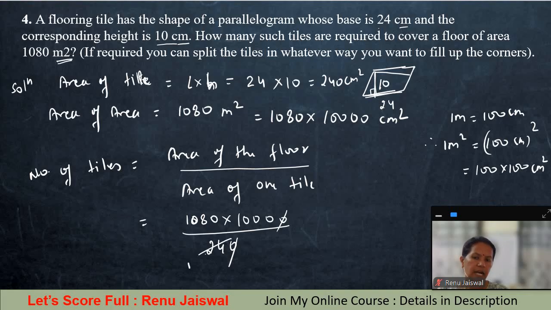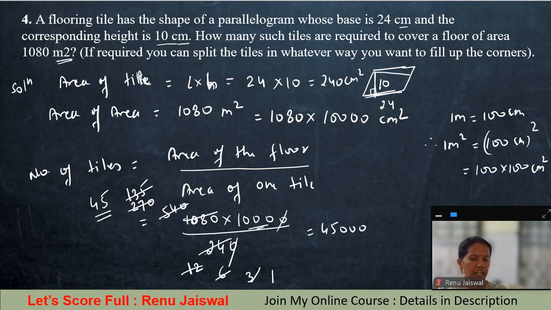So here I can cut by 2, and then again by 2, which is 6, and then again by 2, which is 3, and it will be 1, 3 and 5. These will get cut by 3. So here I got 45 and here I got 1000. So 45 into 1000 is 45,000 tiles I will need to cover the floor.